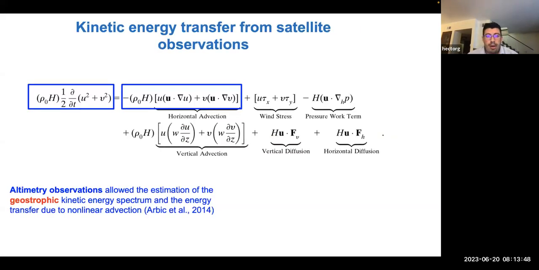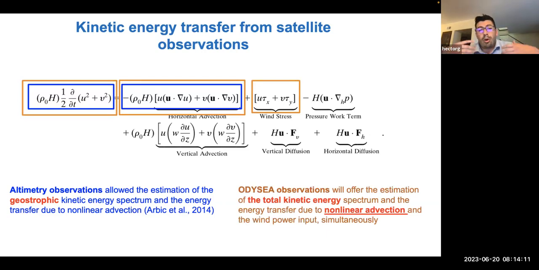Now, just to summarize a little bit. From conventional altimeter, we can compute the kinetic energy fluxes, but only the geostrophic one. We can get the geostrophic currents, and then we can compute the nonlinear terms in the kinetic energy equation. Now with ODYSEA, we have the total surface currents, the geostrophic plus the ageostrophic component.